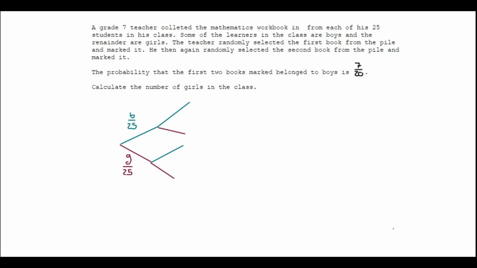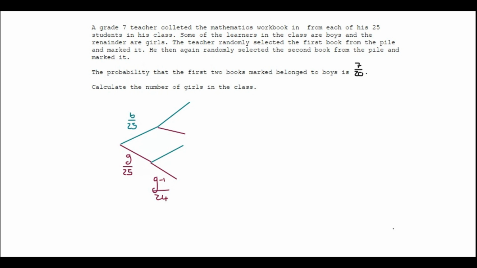Now we have purple and blue again. For the purple, the girls, if he chose a girl's book here, then at the bottom this would be the number of girls minus 1 for that book that was already marked, over the 24 learners, because he did not put that other book back.